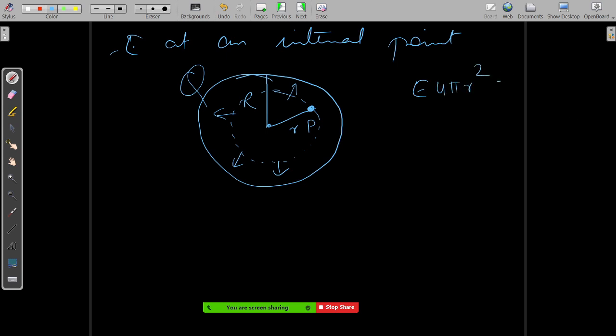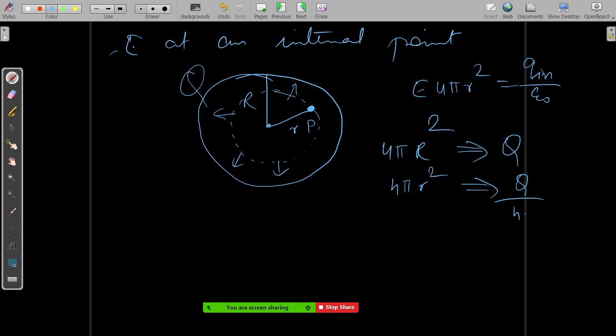That equals Q internal by epsilon naught. What is Q internal? You can assume that the 4 pi capital R square area is having capital Q, so 4 pi small r square area is having Q by 4 pi capital R square into 4 pi small r square. Unitary method.